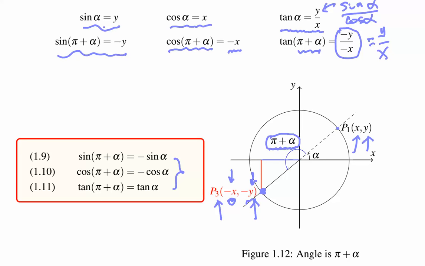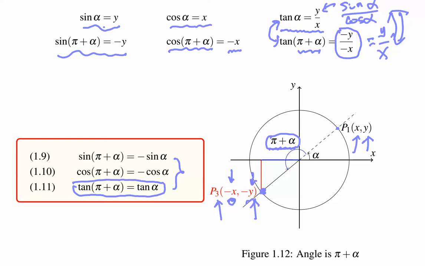First we got that tangent alpha is y over x, and tangent of pi plus alpha is y over x. So those two are equal. That means tangent alpha equals tangent of pi plus alpha, which is the third one here.